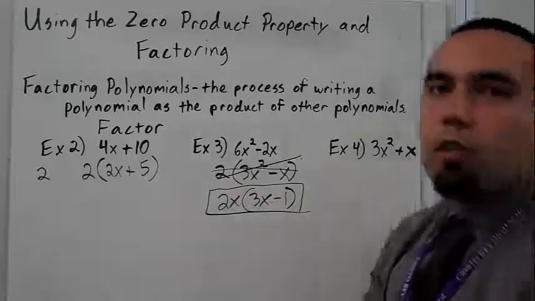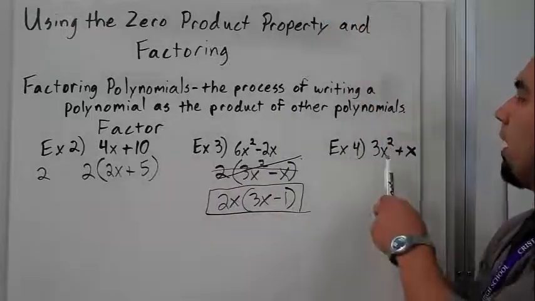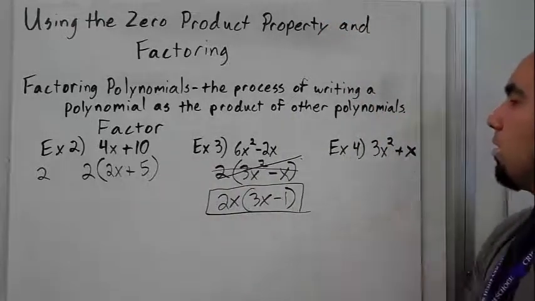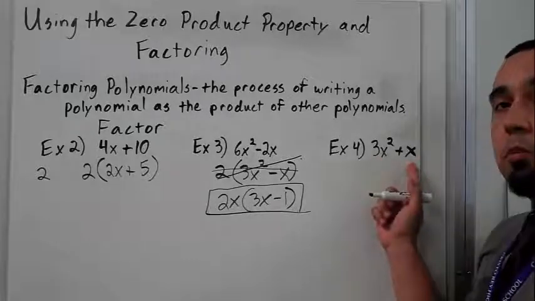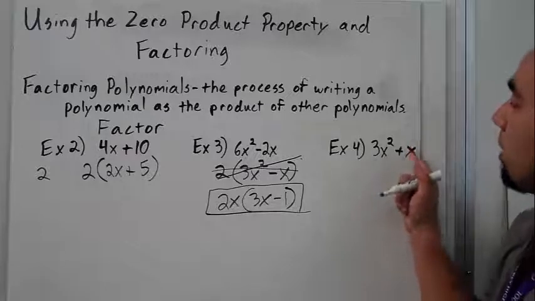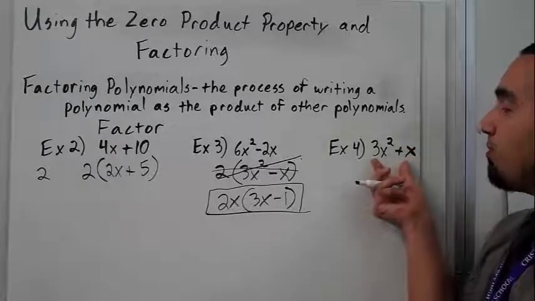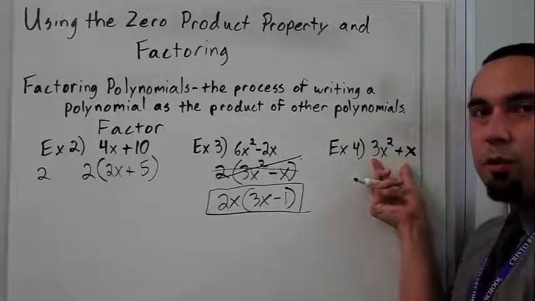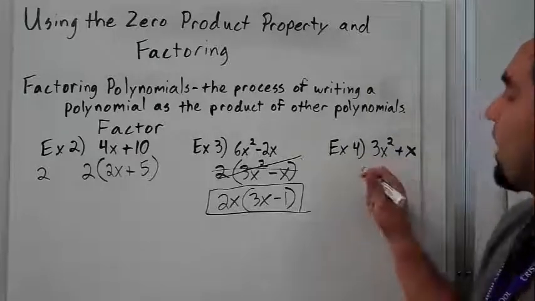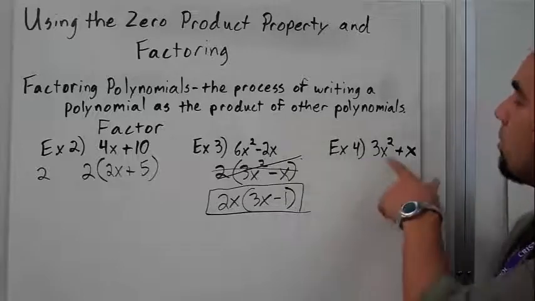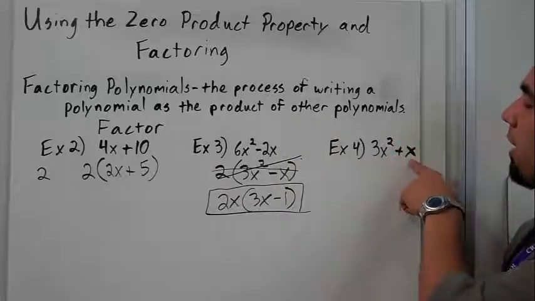Okay, so let's look at one more. I have 3x squared plus x. Now I see that this is a 3, and whenever there's no number, there's always an imaginary 1 there. So there's no factors of 3 except for 3 and 1, and there's no factors of 1 except for 1. So I can't pull out a number, but I do see that they have x squared and x.